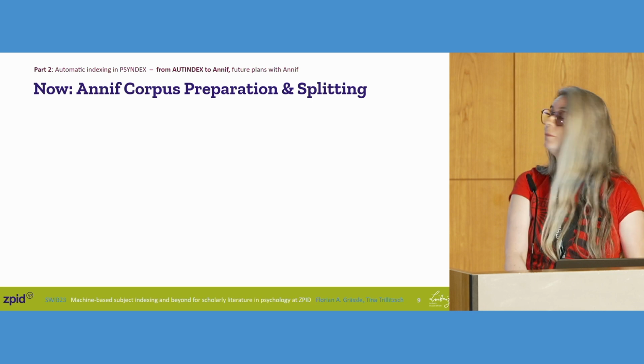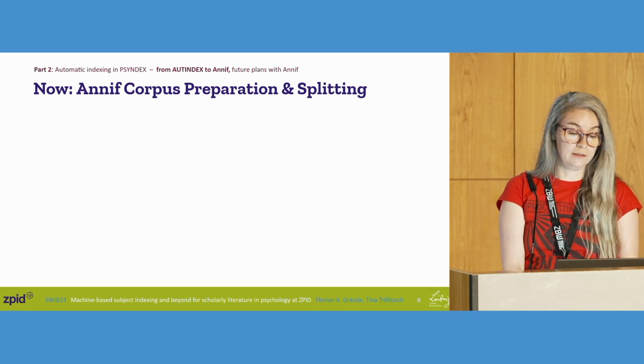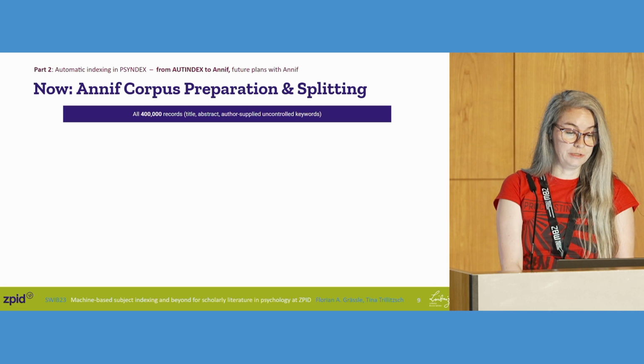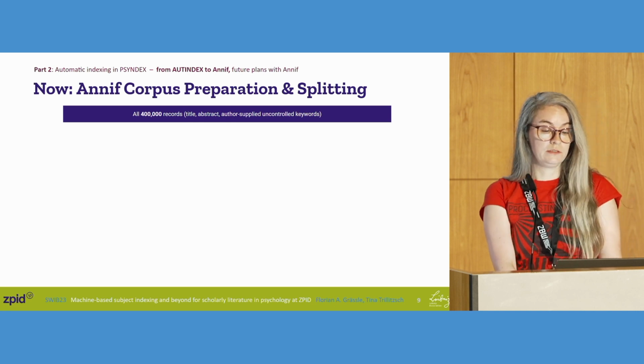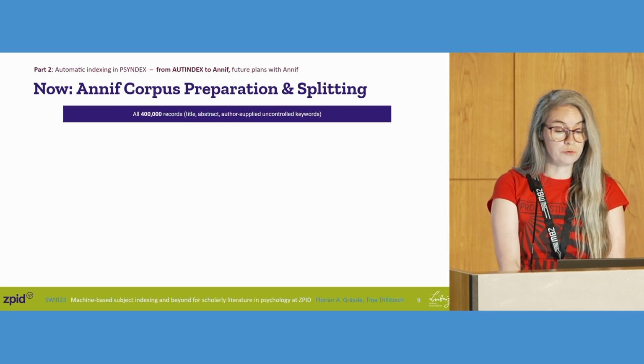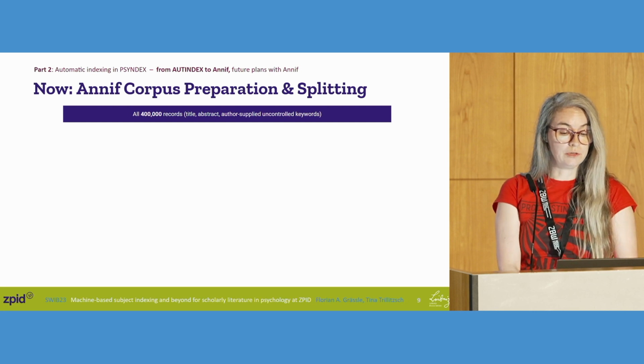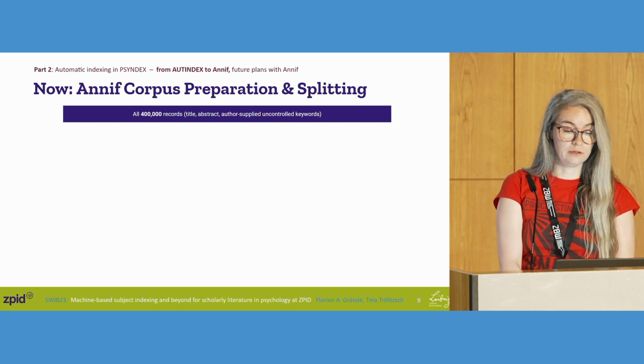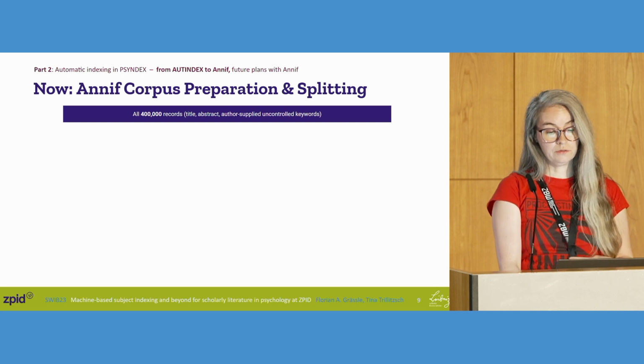And this is something I'm going to go over really quickly, just a diagram of how we prepare our corpus. We start out with all our 400 records, and we use the title, abstract, and the uncontrolled keywords that the authors supply with the paper.